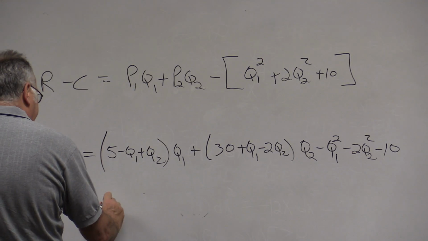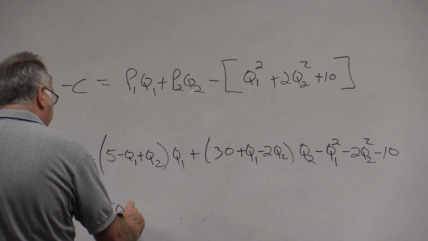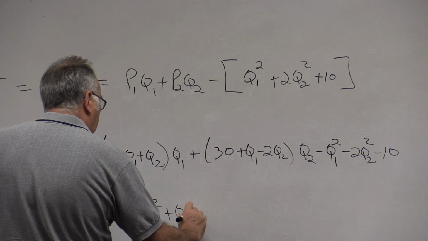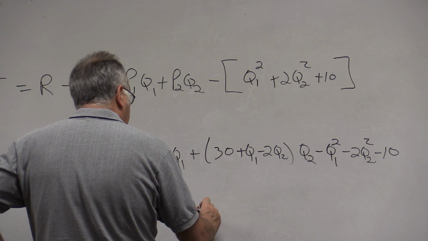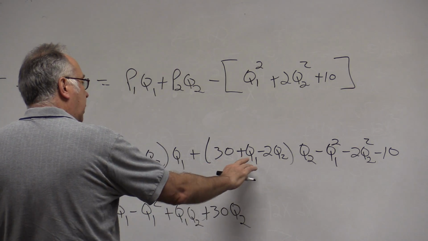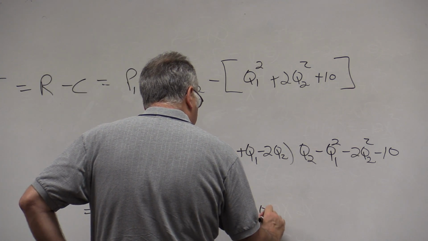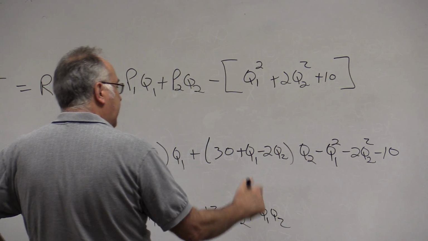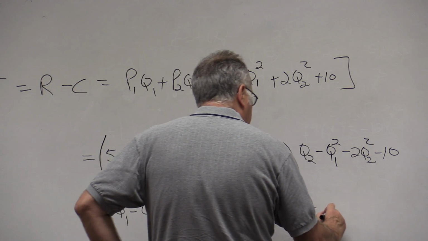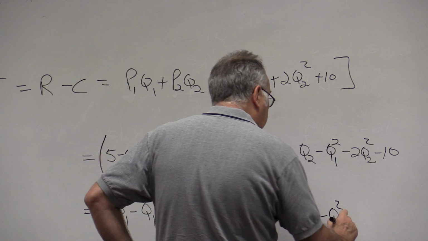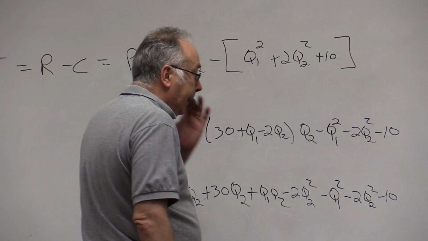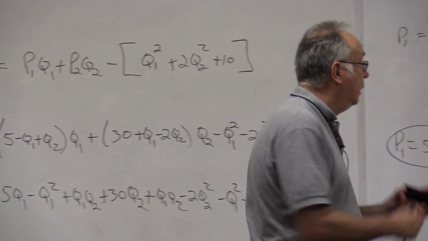It's a little bit messy, but 5Q1 minus Q1 squared plus Q1Q2 plus 30Q2 plus Q1Q2 minus 2Q2 squared, minus Q1 squared minus 2Q2 squared minus 10. And then that simplifies just a little bit, doesn't it, to this.